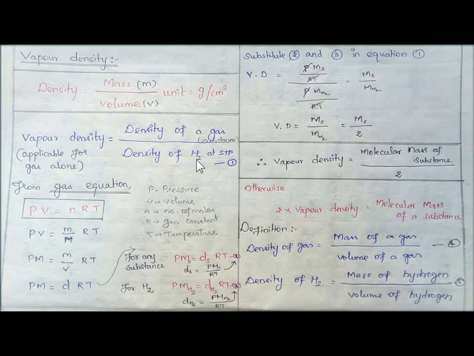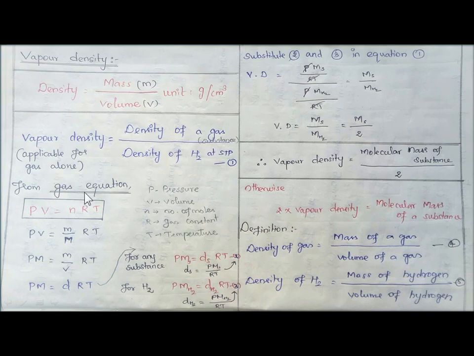The density of air is less, so mostly the flame is going up, right? So the firefighters will exactly know where the fire is with higher density, so they will put out the fire easily with this concept. Now this idea is very helpful, my dear children. Vapor density is nothing but density of a gas divided by density of hydrogen at STP. Some cases they will use air. Got it? But in this scenario we are going to use only hydrogen.